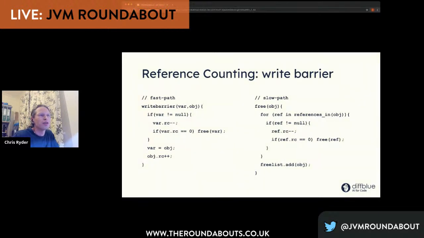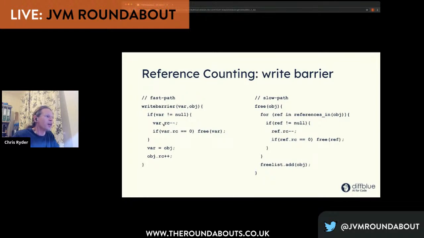So you have a fast path, which looks something like this in pseudocode. If you imagine this write barrier is triggered for trying to write a reference to an object into this variable var, the first thing you have to do is check whether the existing value in var is null or not.